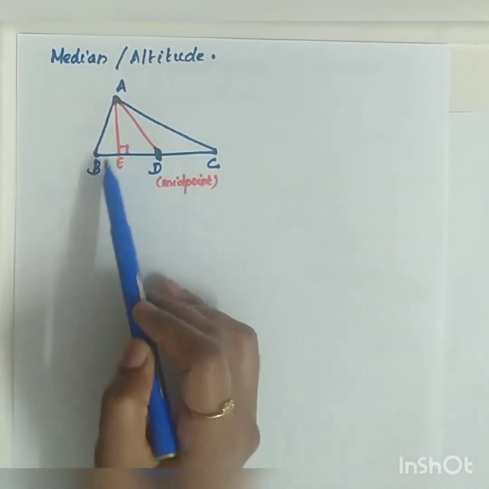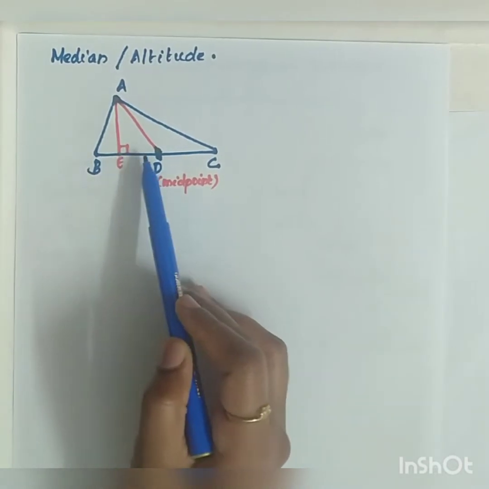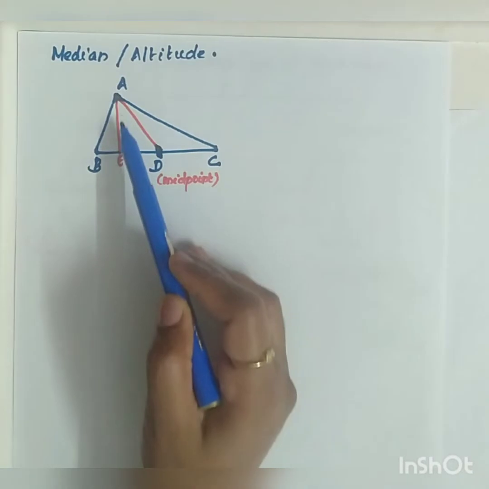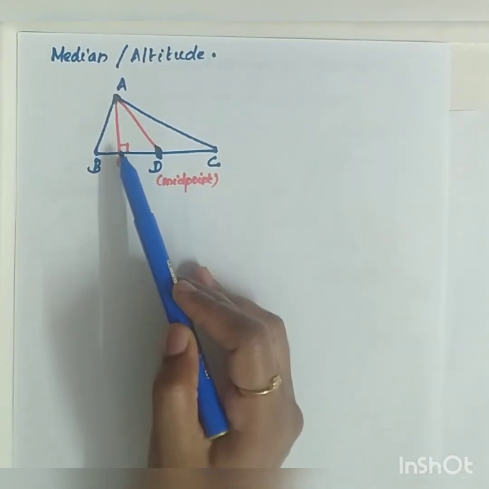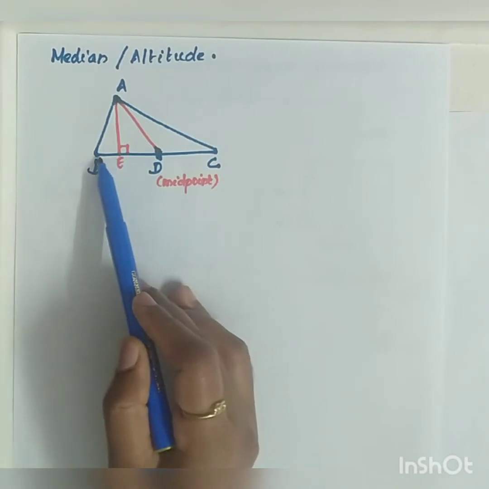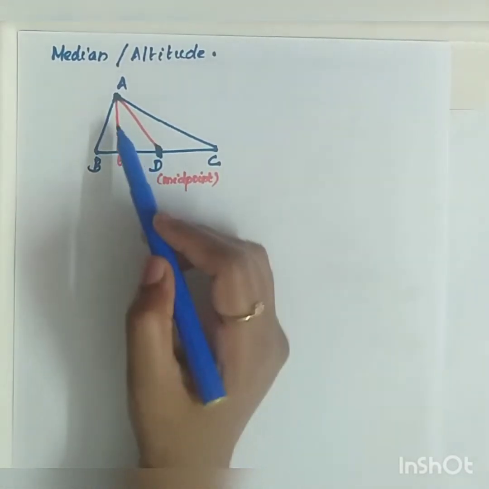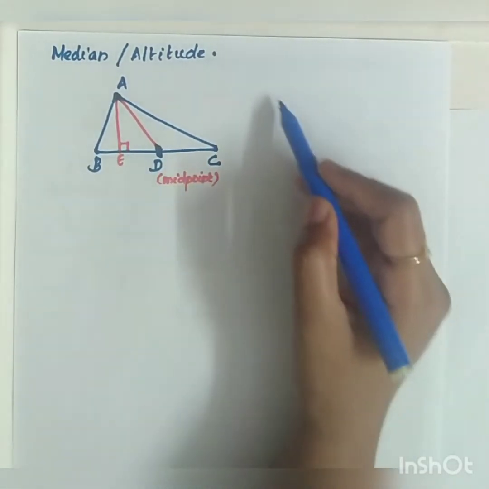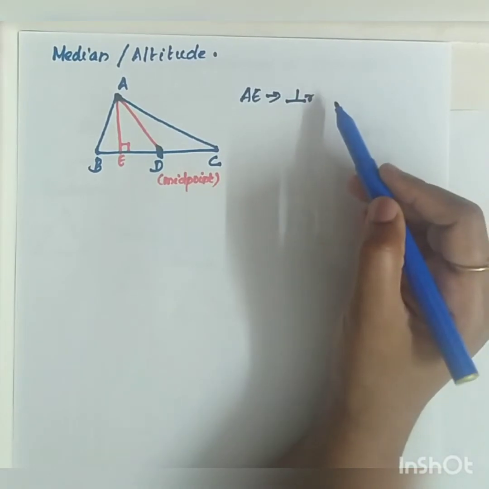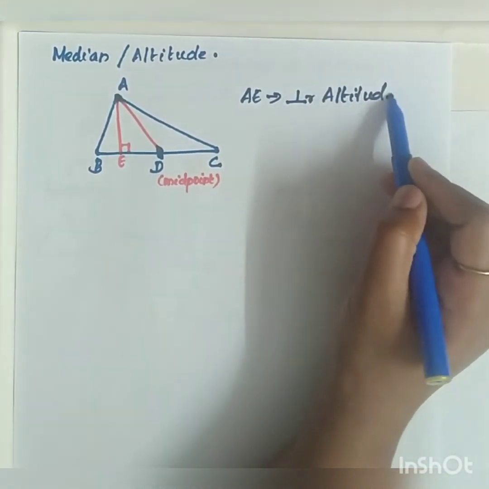In this triangle ABC, there are 2 extra lines in red color. The line segment AE, which is drawn from the vertex A perpendicular to the opposite side, is called the altitude of the triangle.